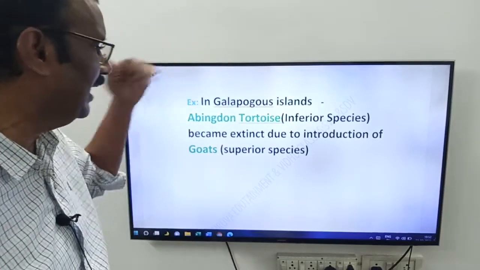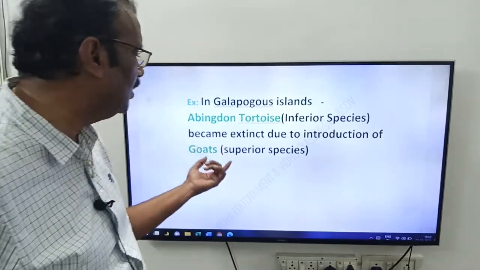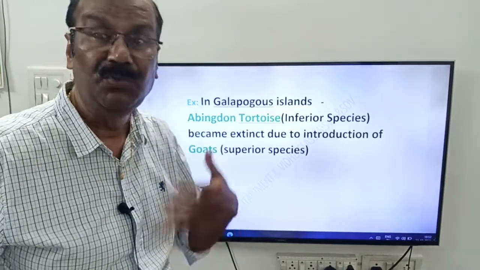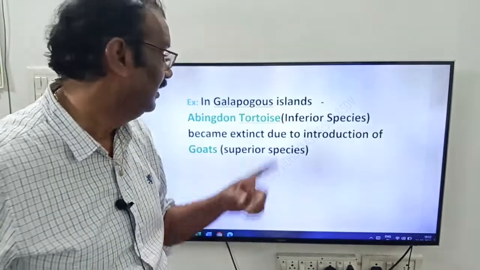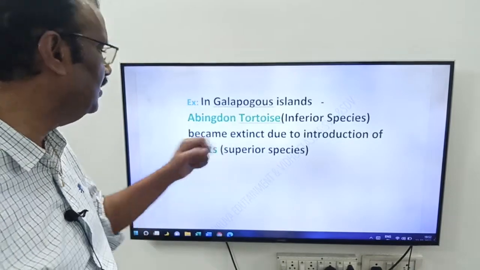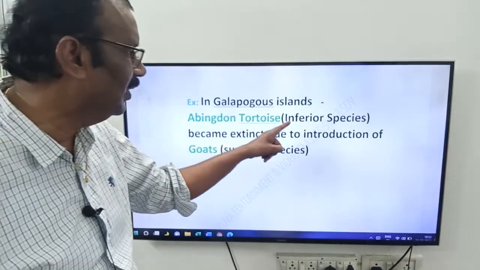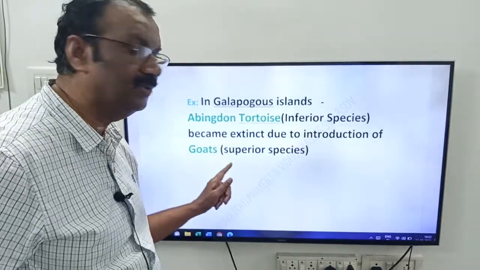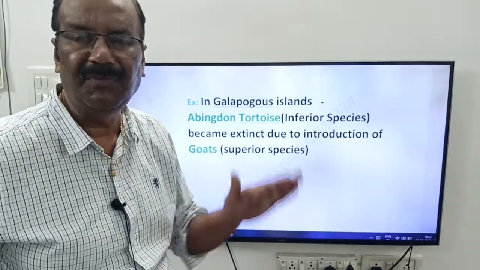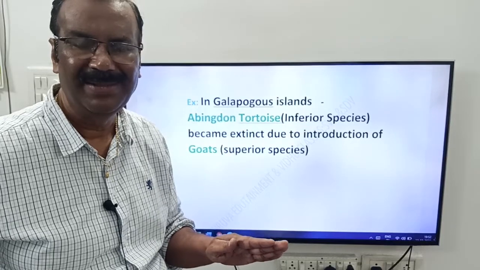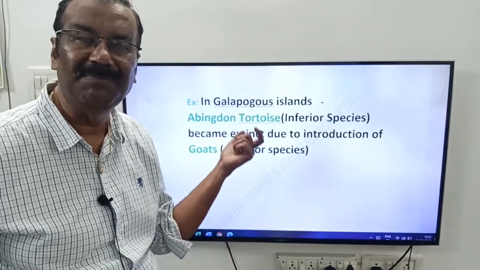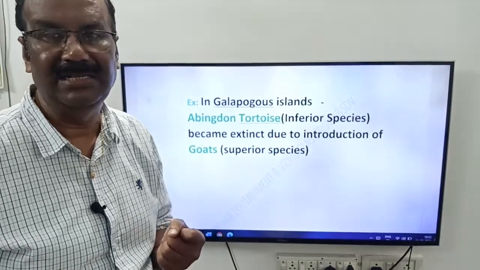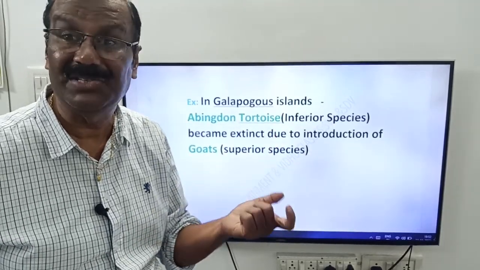In these Galapagos Islands, later they introduced goats. Goats have superior characters, meaning they have full grazing capacity. Because of the introduction of these goats, the Abingdon tortoise became extinct. Within 10 years after the introduction of the goats, this tortoise was completely eliminated from the Galapagos Islands, meaning they became extinct.